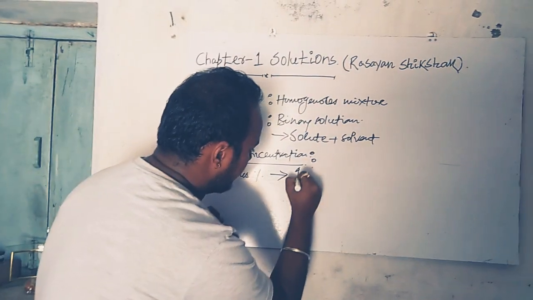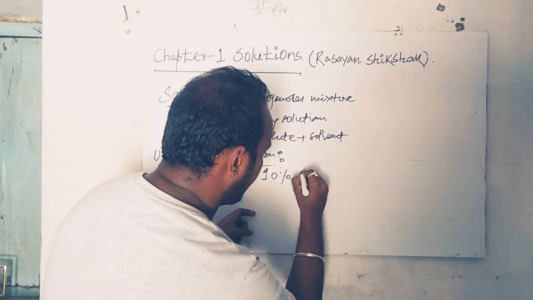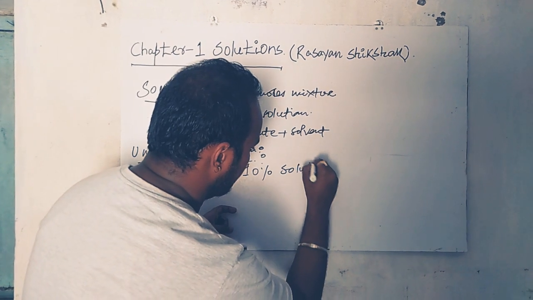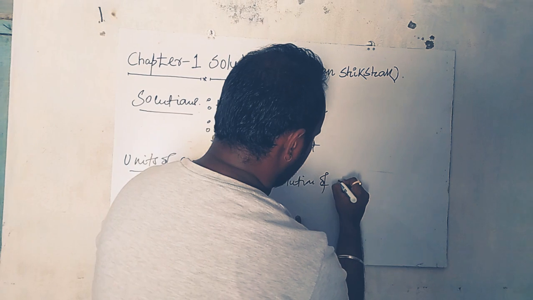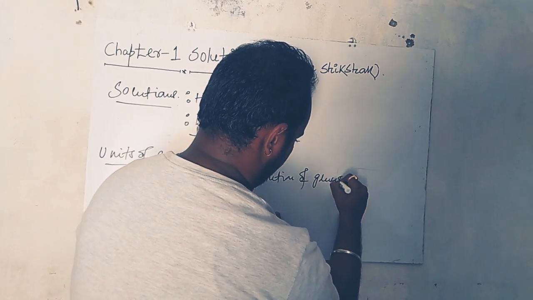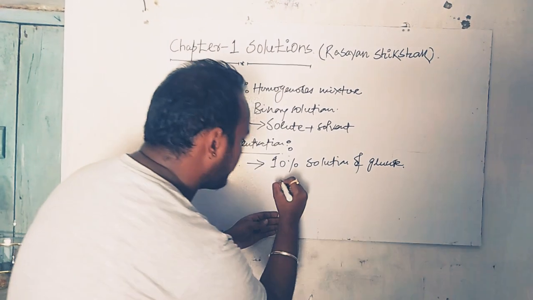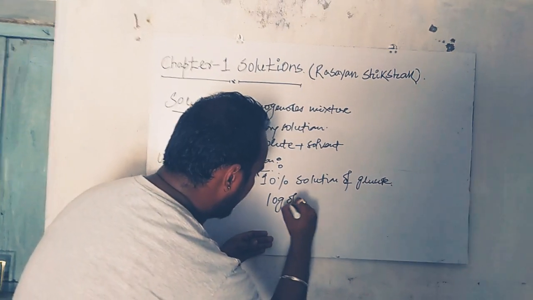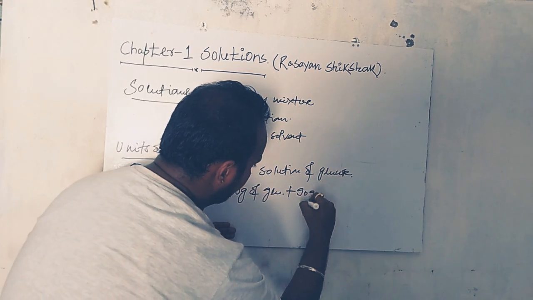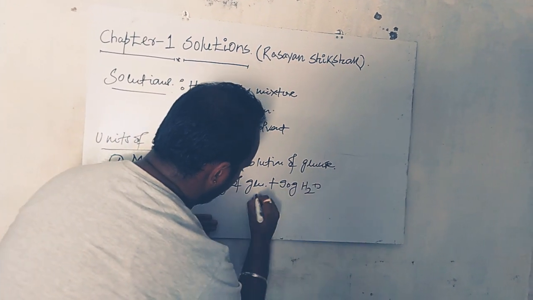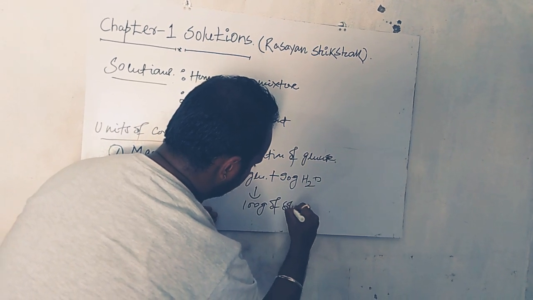Sometimes you have seen that it is written on the reagent bottle that there is a 10% solution of anything, suppose glucose. If it is written 10% solution of glucose, it means that 10 gram of glucose is dissolved in 90 gram of water to give 100 gram of solution.